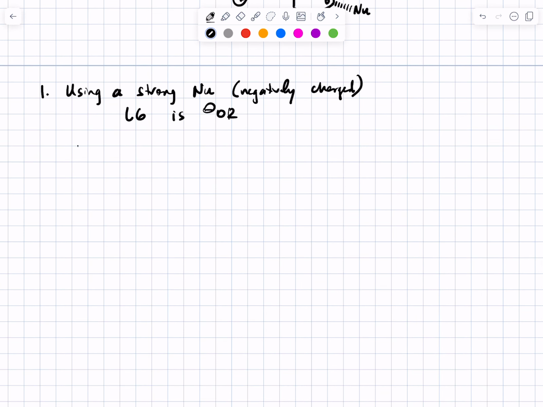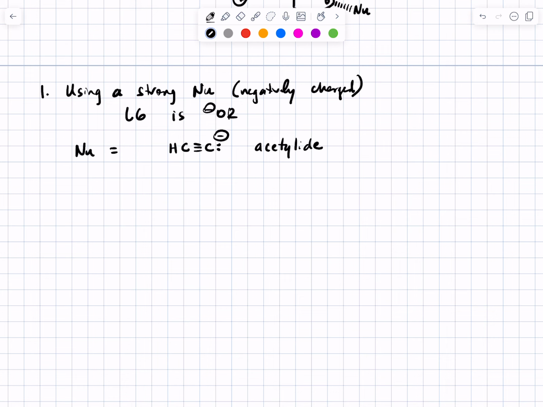So let's say our nucleophile is, let's let our nucleophile be a negatively charged conjugate base of an alkyne. This is an acetylide ion. We've used that before in chapter 7 and 8 for SN2 chemistry.